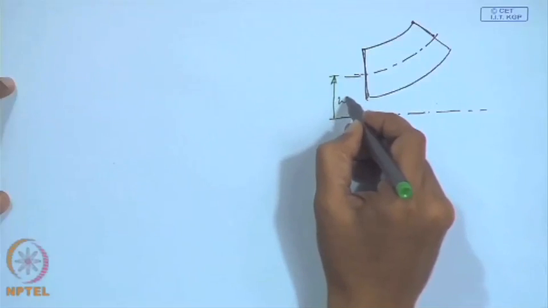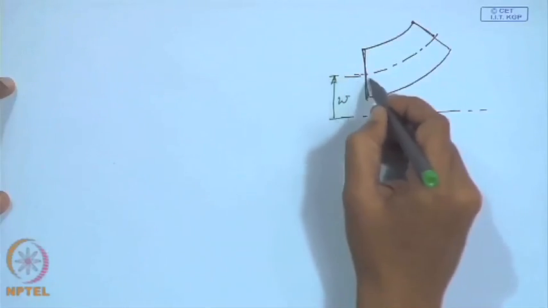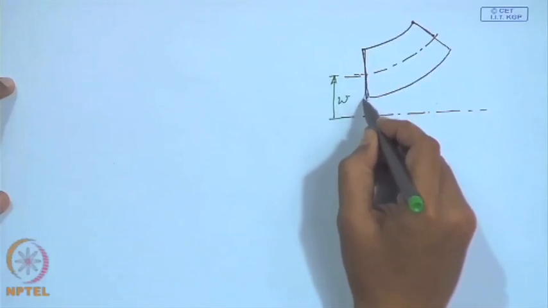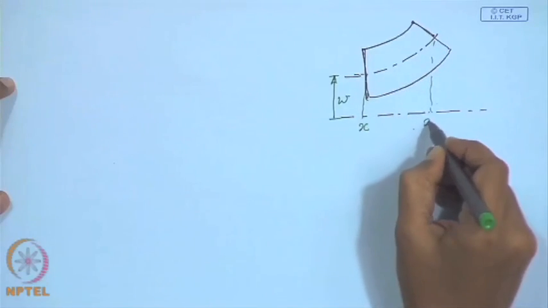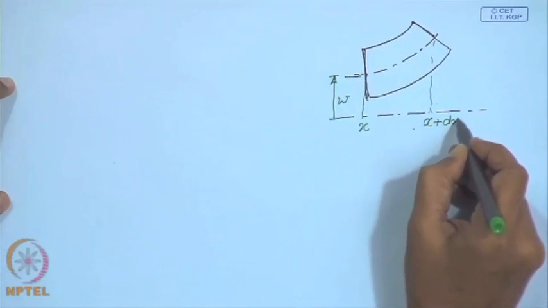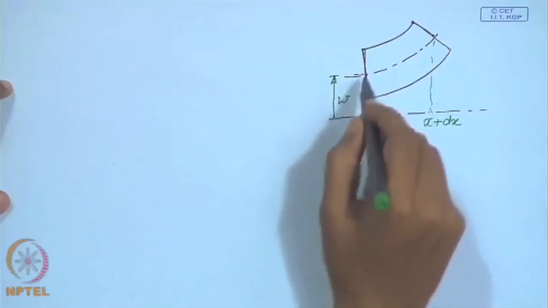So, this is the transverse deflection at x at time t.